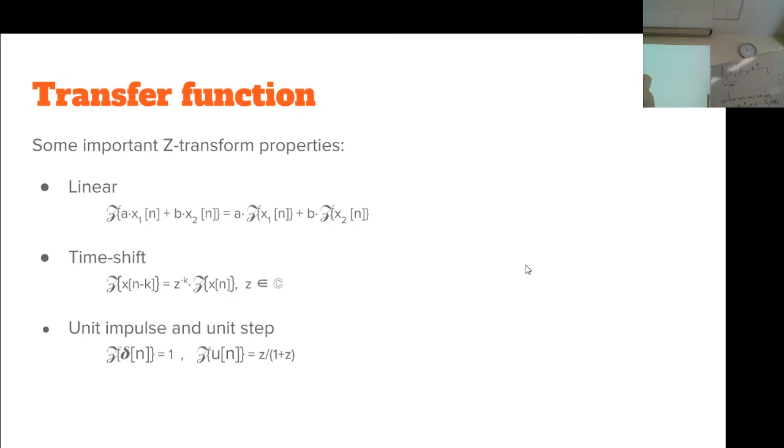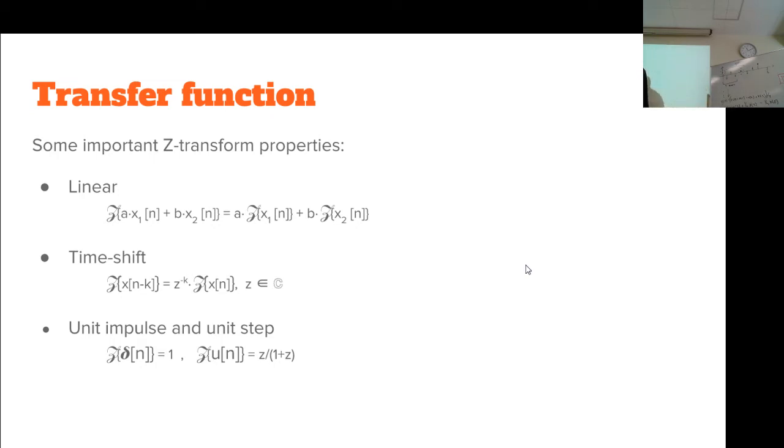The Z transform of the unit impulse comes out as just the number 1. Then the unit step, this is for testing purposes. If you have a real life system and a real life output, for example you want to test your own digital filter in real life, you run a test signal to it and see what comes out.